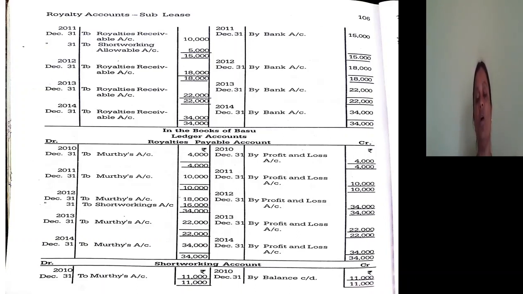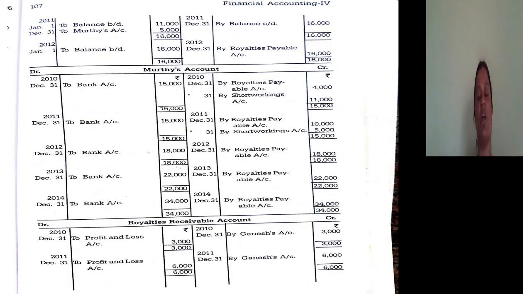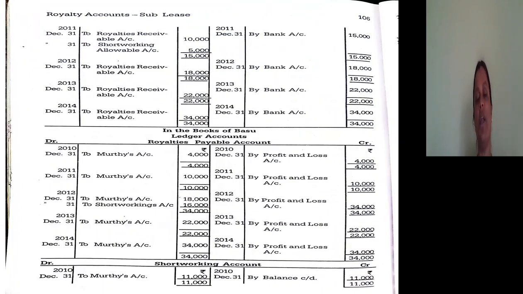Now in short working account, by royalty 16,000, so that short working gets closed. Henceforth there is no short working. In Murthy's account, by royalty payable 18,000, and to Murthy the amount will be paid: journal entry Murthy's account debtor to bank account 18,000. Royalty payable account should be closed by transferring it to profit and loss account, so that all three accounts get closed.